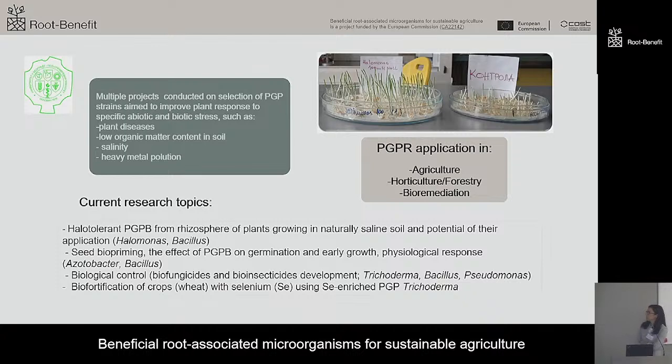And here you can see some current research topics that include halotolerant plant growth promoting bacteria isolated from the rhizosphere of plants growing in naturally saline soil in order to be used in agriculture, then seed biopriming, the effect of beneficial bacteria on germination and early growth stages, and biological control, development of biofungicides and bioinsecticides.